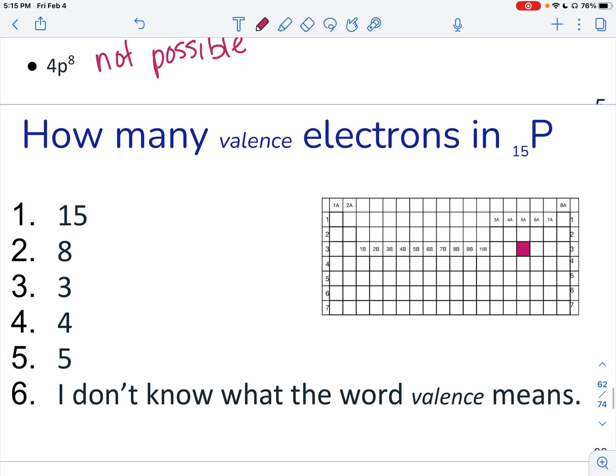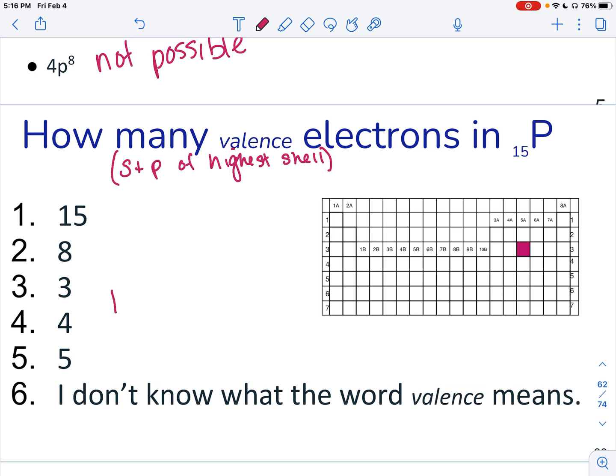So let's talk about valence electrons. Again, review. Valence electrons are going to be the electrons in S plus the electrons in P of the highest shell, or energy level. Shells and energy levels are the same thing.